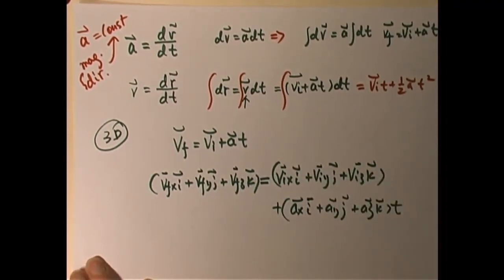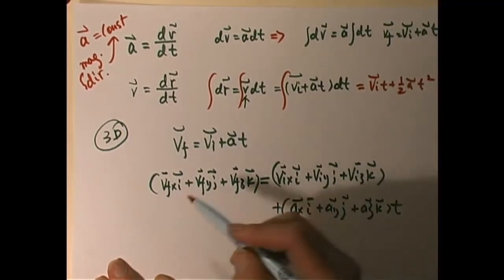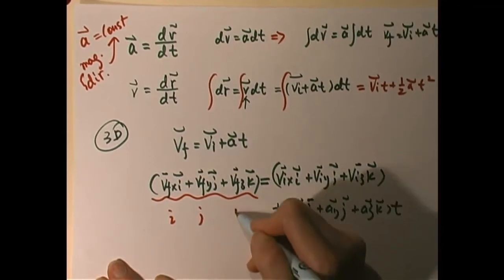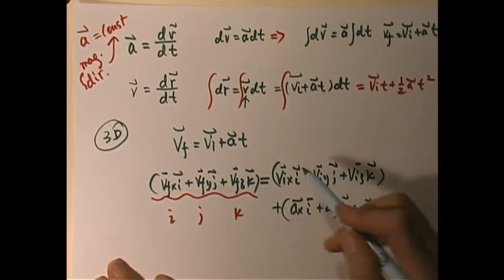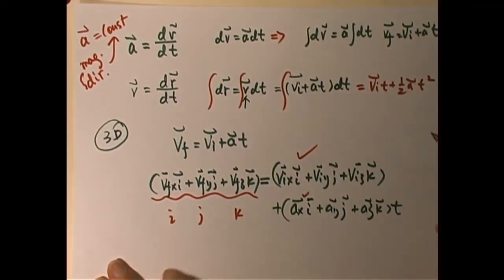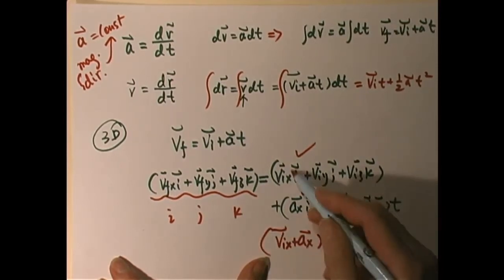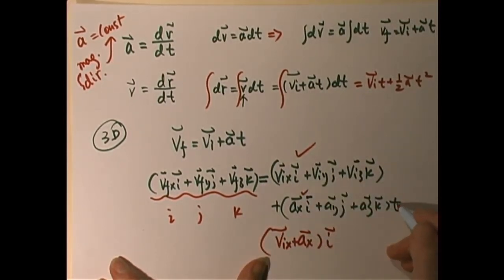Now let's take a look. If this is a vector with i, j, k, right? Here, the i terms should add. So if I combine, what I get is v initial x plus ax t. That is the i term, see? The two i terms add together. But don't forget, this t goes with this a, so the t is right here.